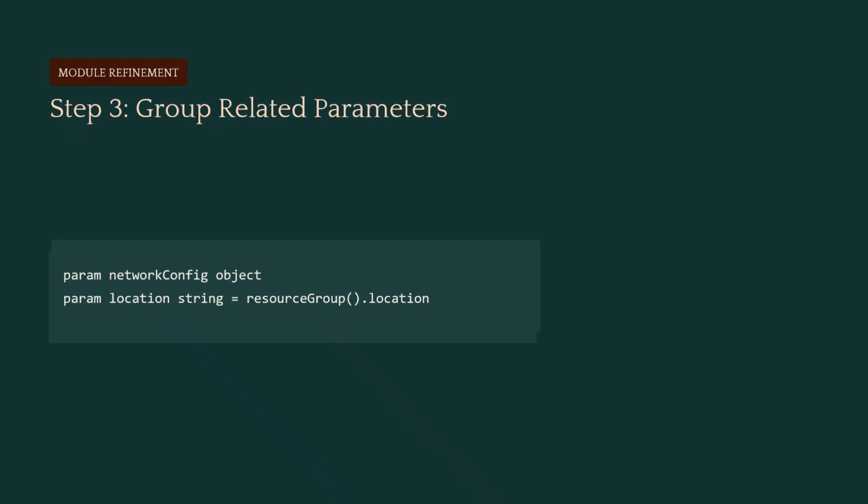In our example, instead of having multiple parameters for VNet name, address space, and subnet, we can use a single object, network config, for all the parameters, with only the location parameter not included in this, which will get injected at deployment. This significantly cleans up the parameter declaration, and improves the overall organization of our Bicep code.